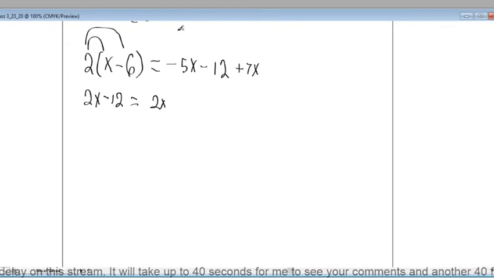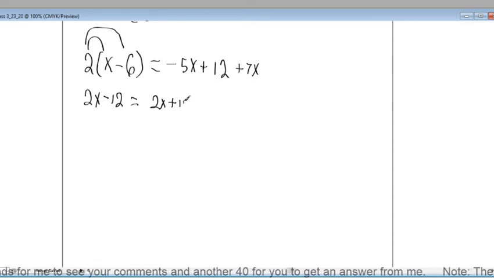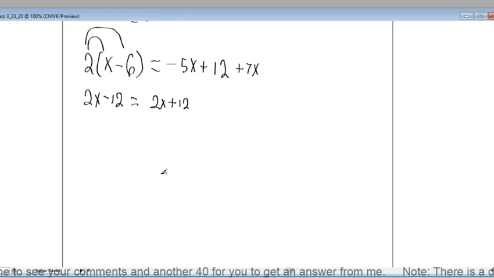Let me change one thing here. Make that positive 12. Okay. So 2x plus 12. So now if we look at this one, we have 2x minus 12 is equal to 2x plus 12.